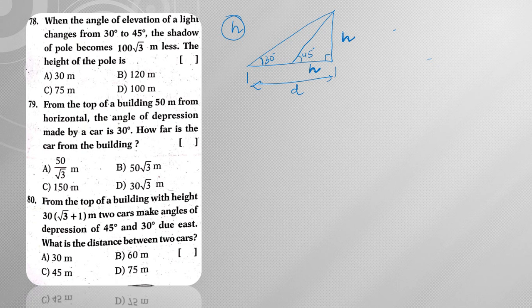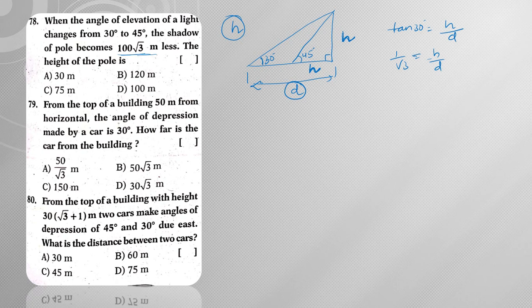The shadow of the pole becomes 100 root 3 meters less. Suppose this is d, then when I take tan 30 degrees, this can be written as h by d. So tan 30 is 1 by root 3, equal to h by d.